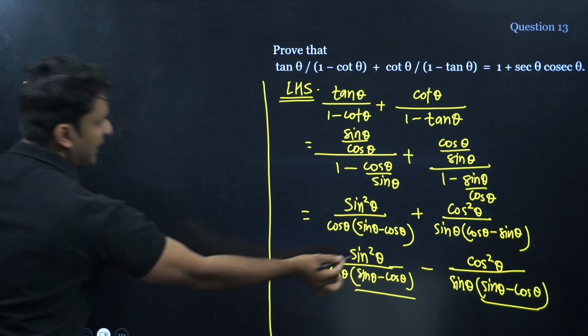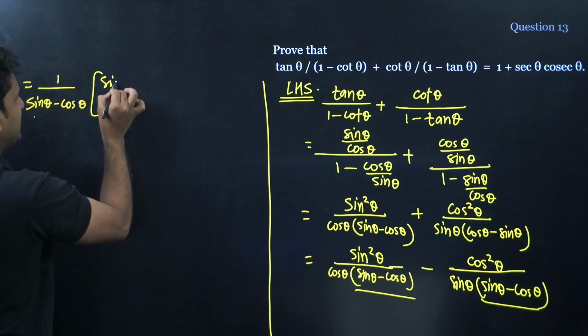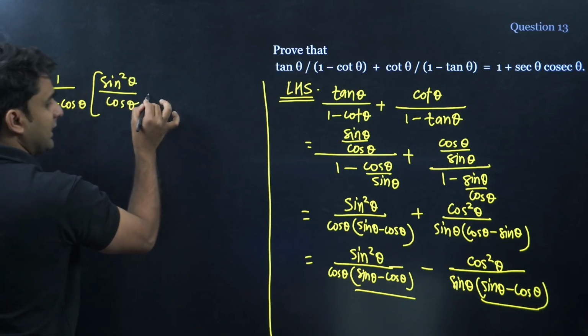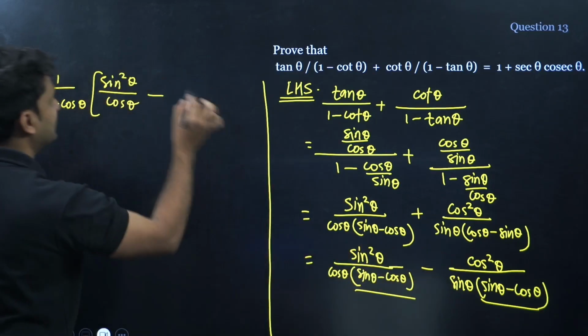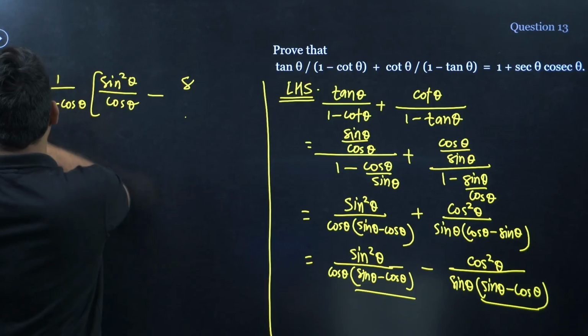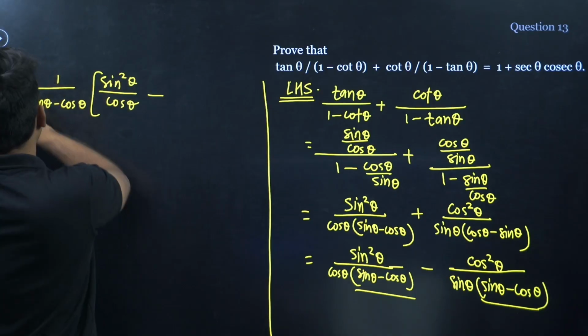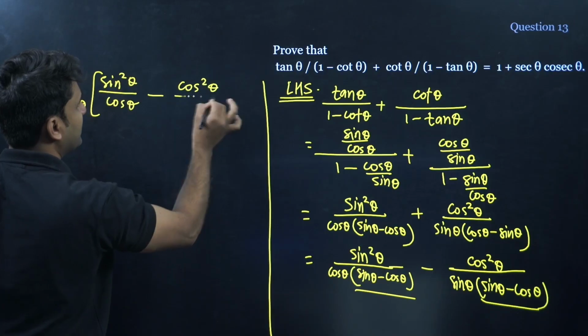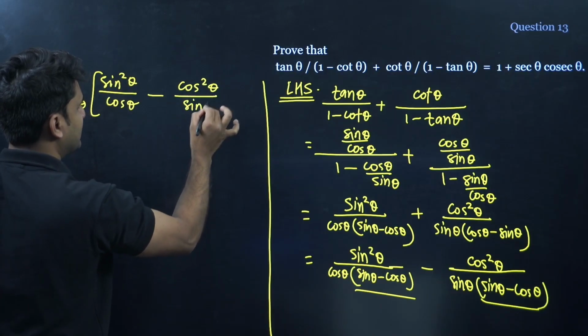So here in the bracket we have sine square theta divided by cos theta, and here we have cos square theta divided by sine theta.